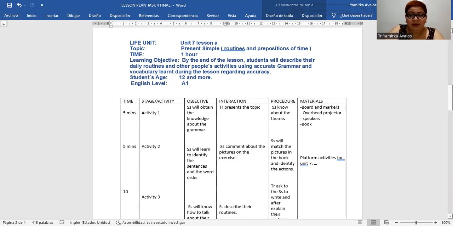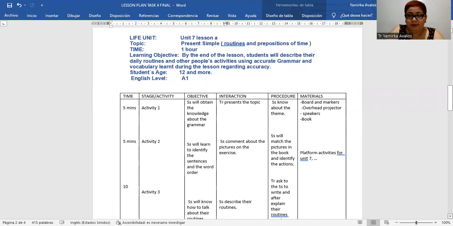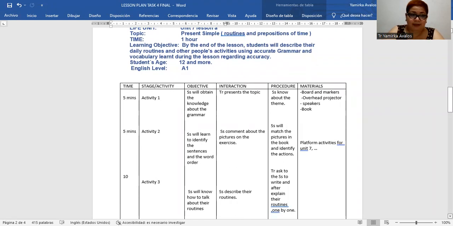We have the time of the activities on this side. The first one is activity 1. The objective is that students will obtain knowledge about the grammar. Interaction: the teacher presents the topic. Procedure: students learn about the theme.